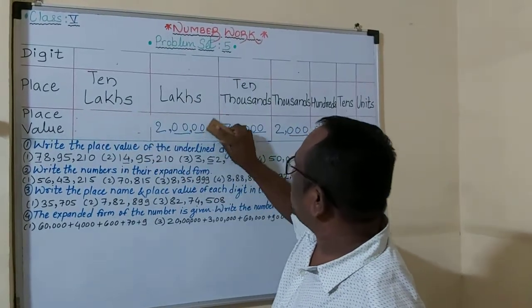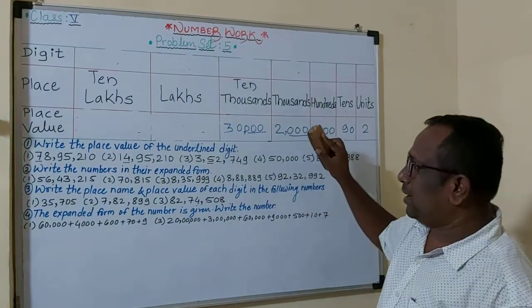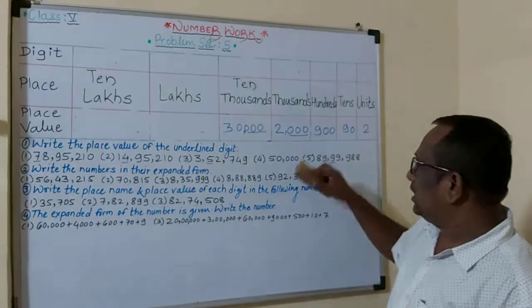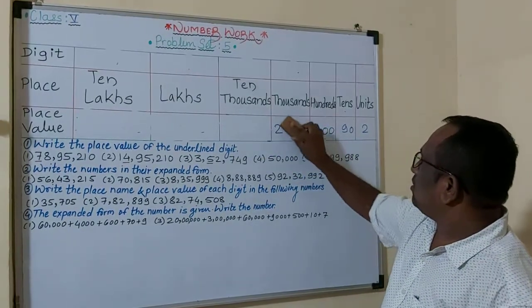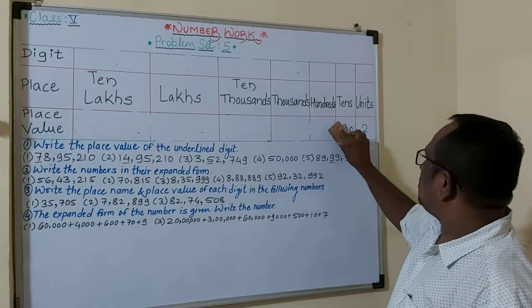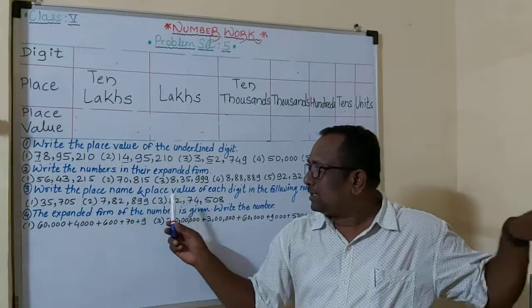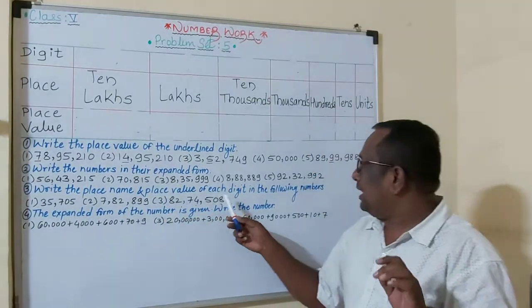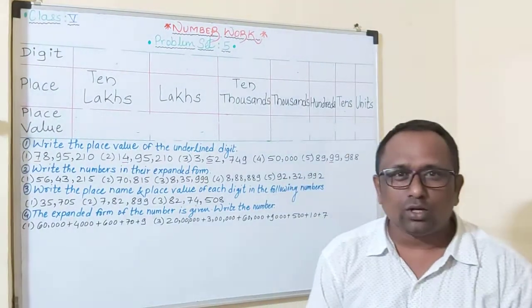Now the third question is: write the place name and the place value of each digit in the following numbers. Now this question is a little bit different, students.